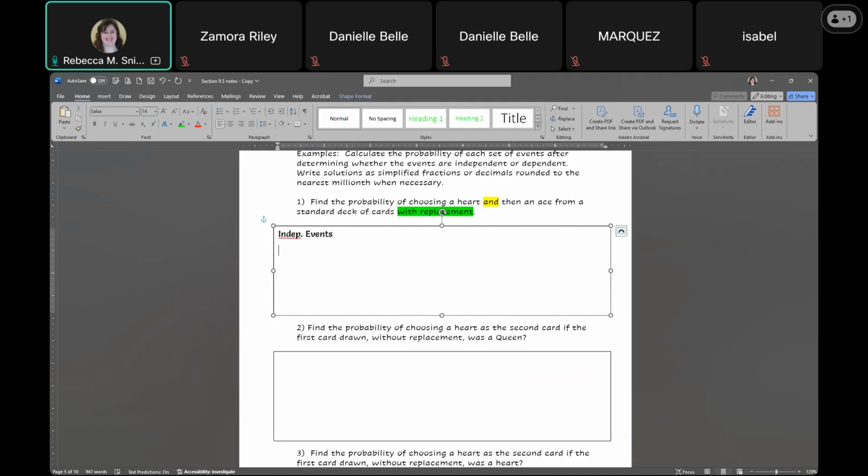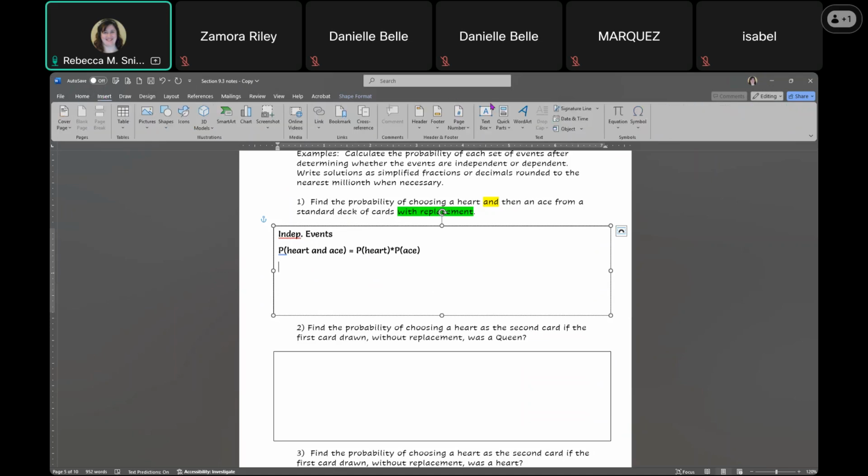So what I'm doing here is I'm finding the probability that I'm going to get a heart and an ace. And to do that says I have to take the probability of getting a heart, and I have to multiply that by the probability of getting an ace. Okay?